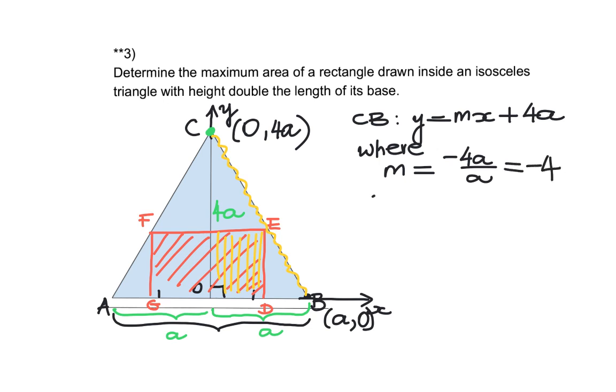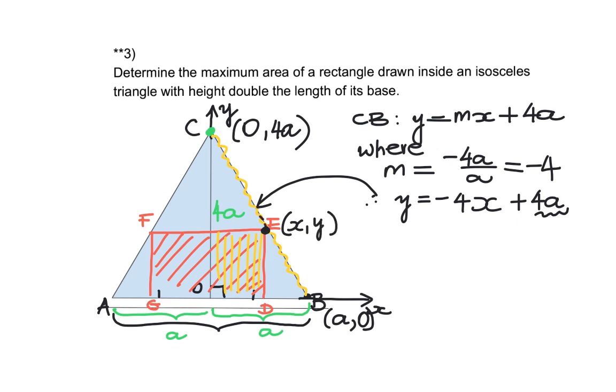So our equation of this straight line is y equals minus 4x plus 4a. Remember, a just represents the constant, the dimensions for my triangle. Why do I need it? Well, you remember that the point that lies on a curve with coordinates x and y is the point that can move along, that therefore determines the size of our area.